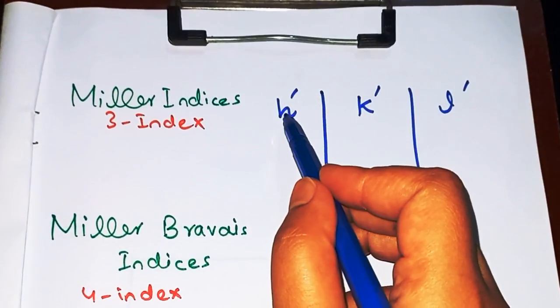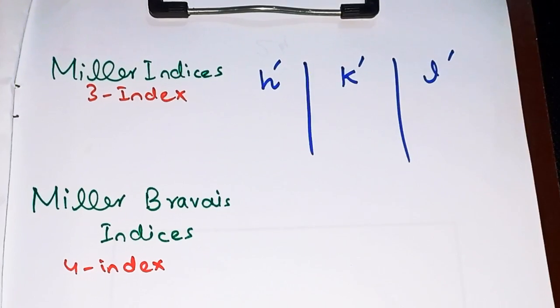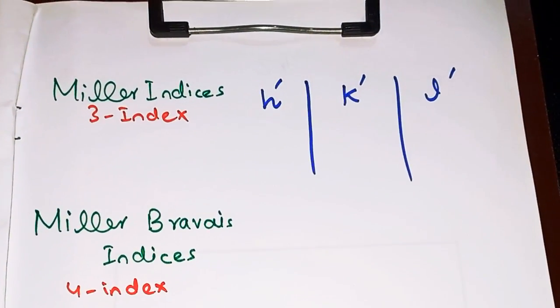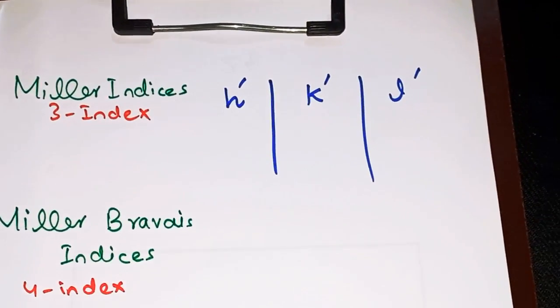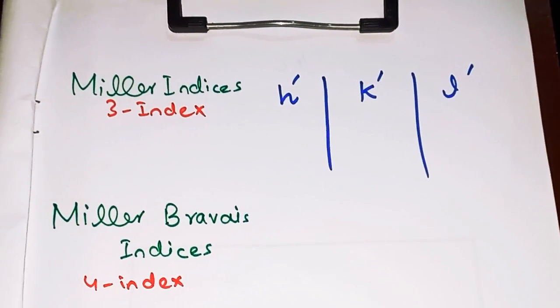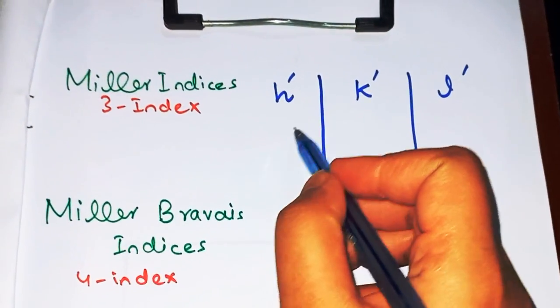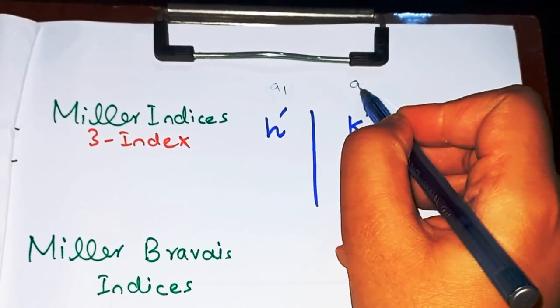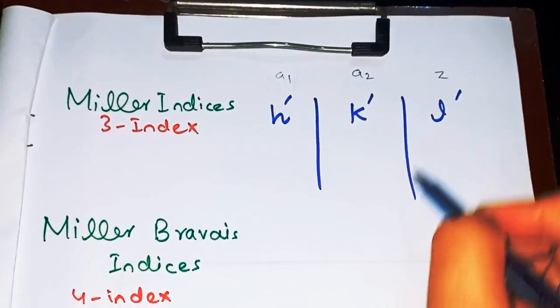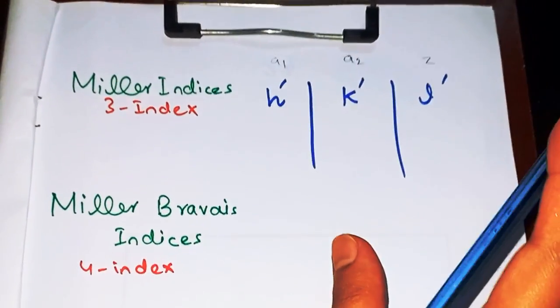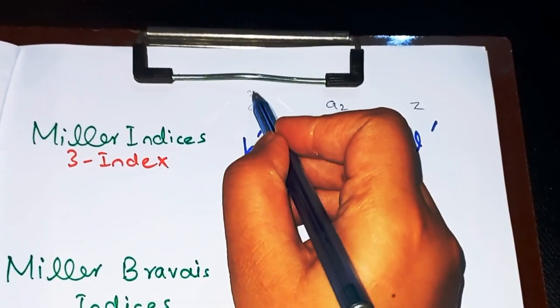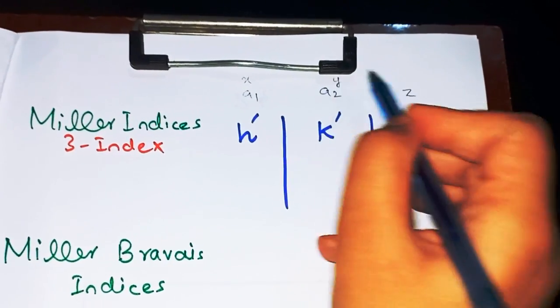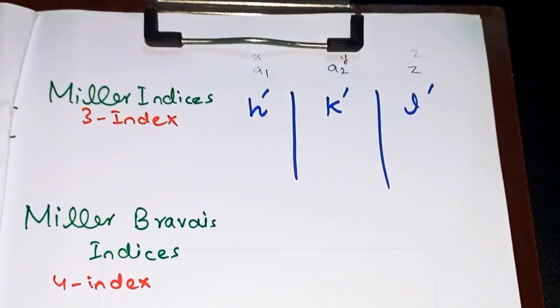The first index refers to the x index, the second to the y index, and the third to the z index. If you refer to the HCP coordinate system, then it's a1 for the first, a2 for the second, and the z axis for the third. But it's totally fine to imagine them as the x, y, and z axes as well.